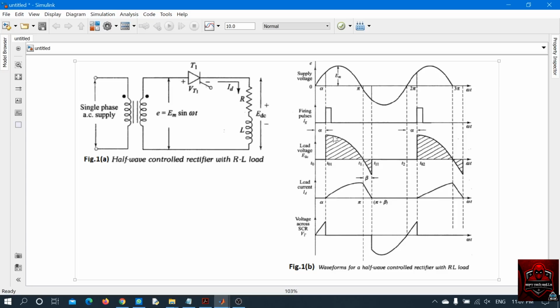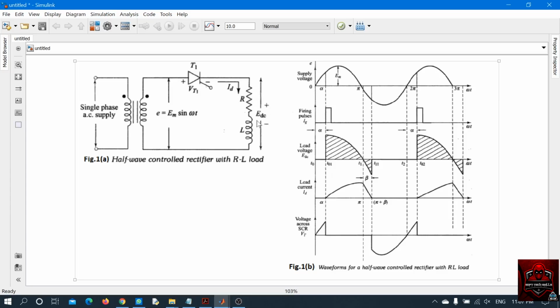Here is the input side voltage. We can see that from this point the voltage directly appears across the load. Due to the inductance effect, the current increases gradually and decreases gradually.